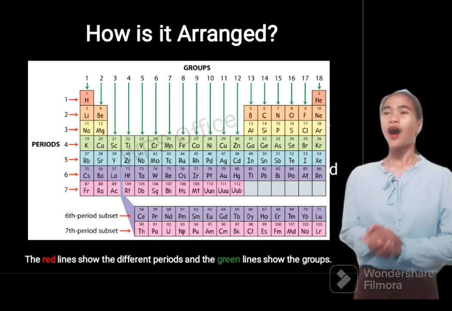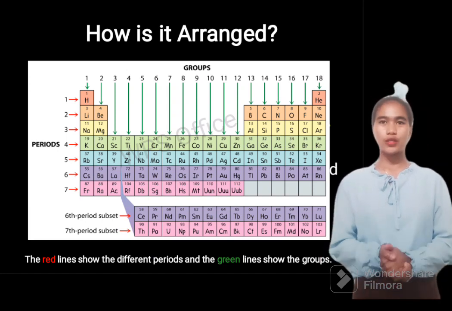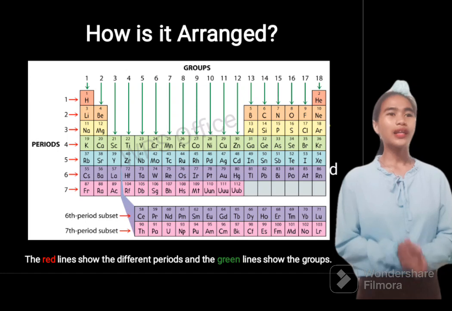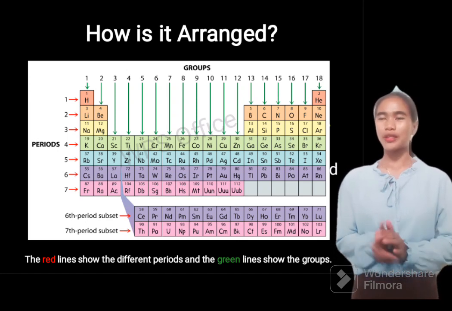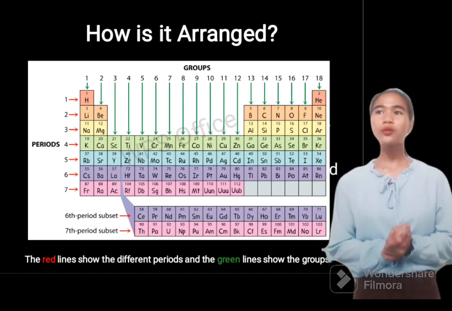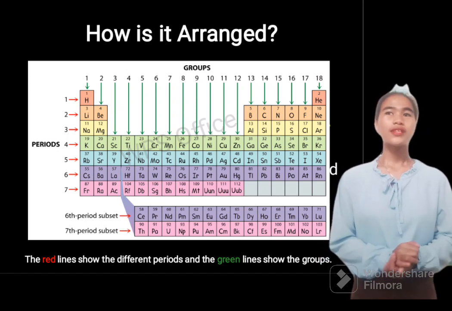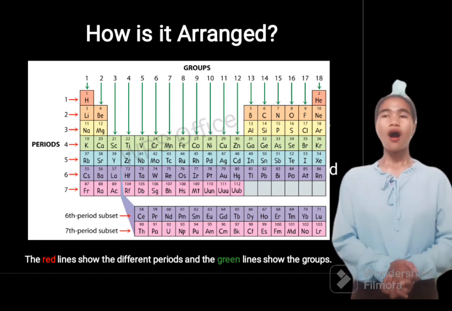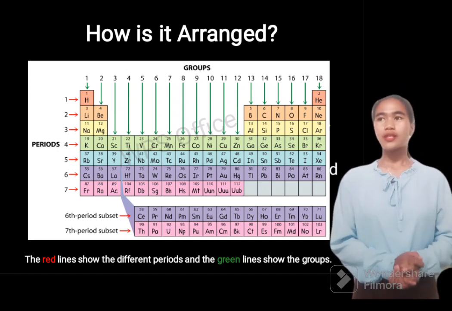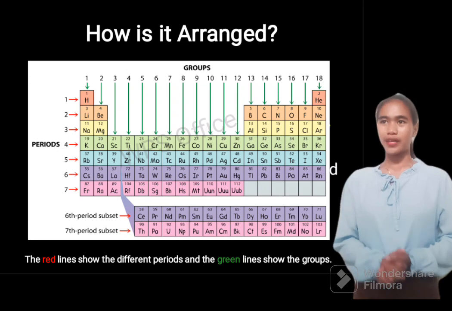So now, how is the periodic table arranged? The elements are arranged into rows by increasing atomic number. The horizontal rows are called periods. These are labeled 1 to 7, while the vertical rows are called groups. These are also labeled 1 to 18.